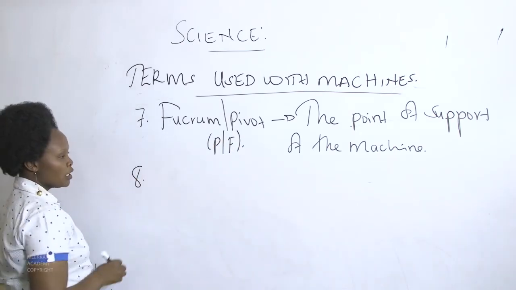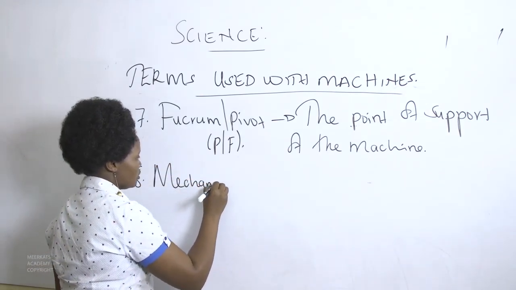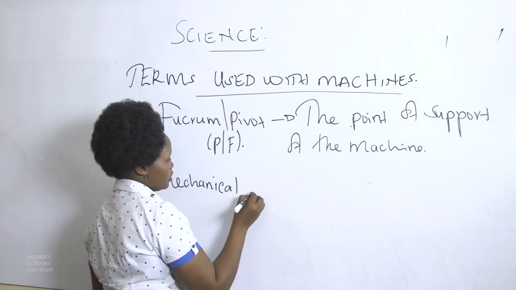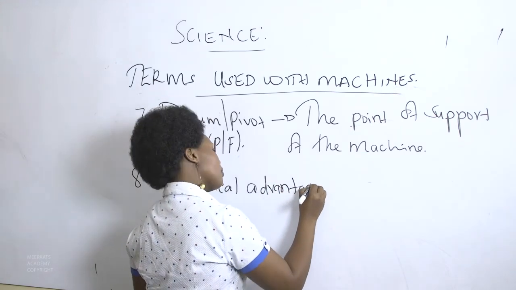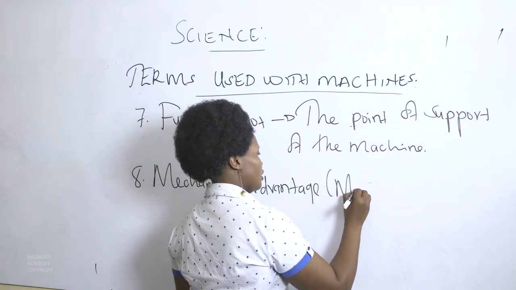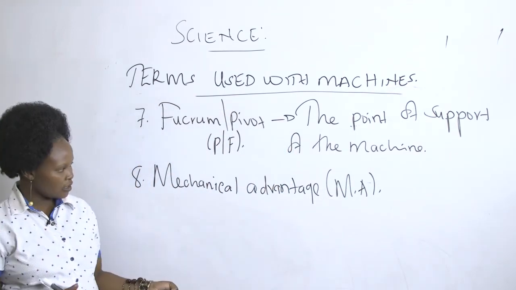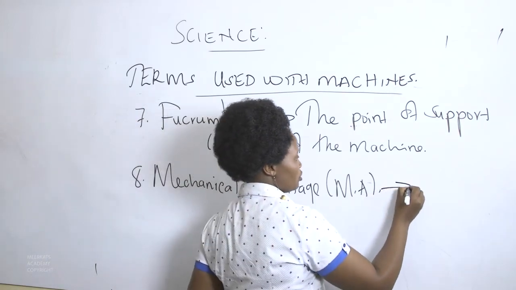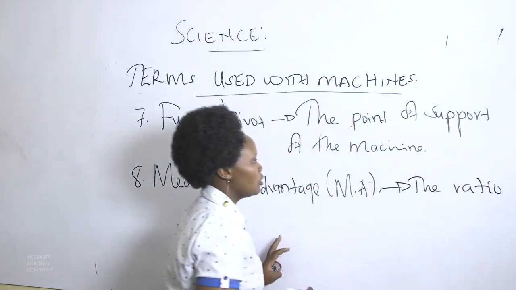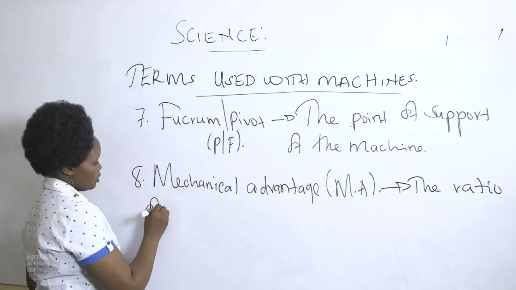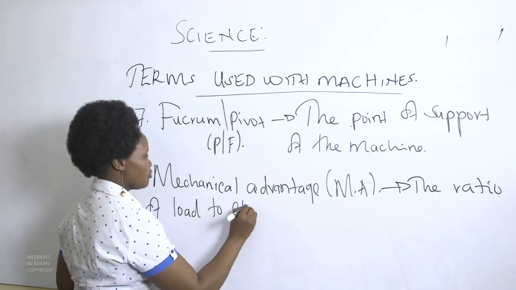Now, next we have what we call mechanical advantage, or MA. And mechanical advantage is actually the ratio of load to effort.